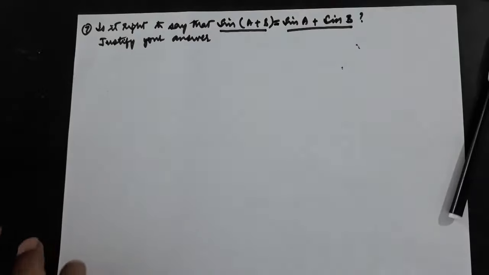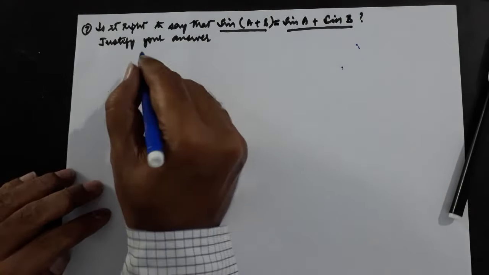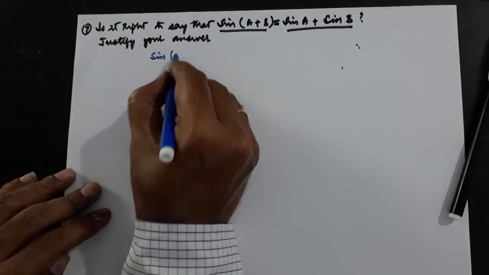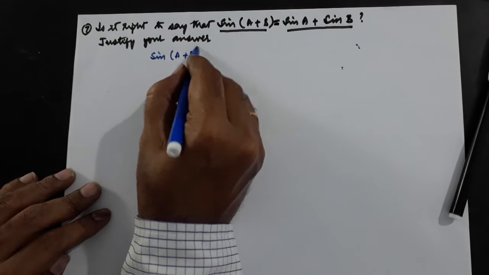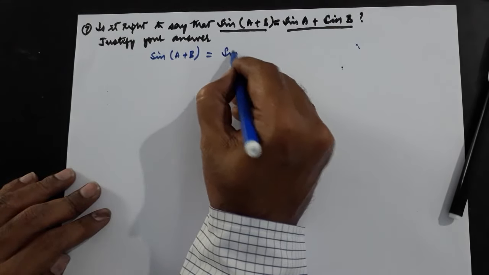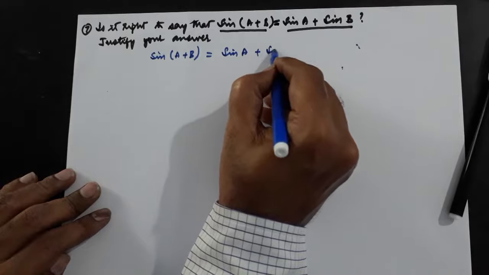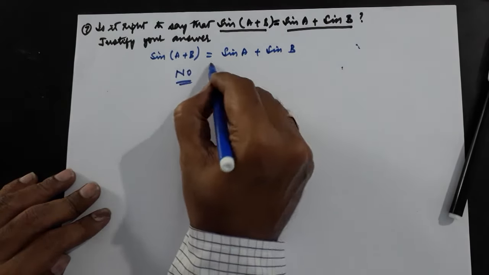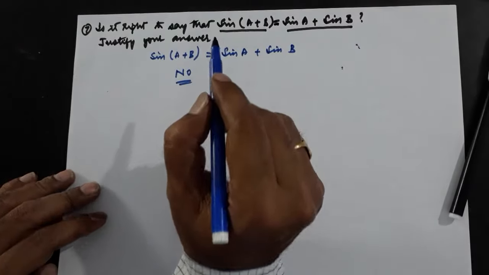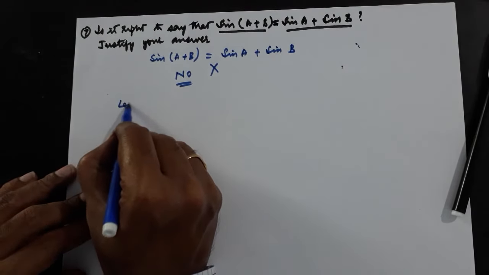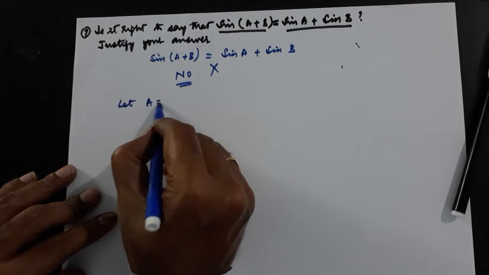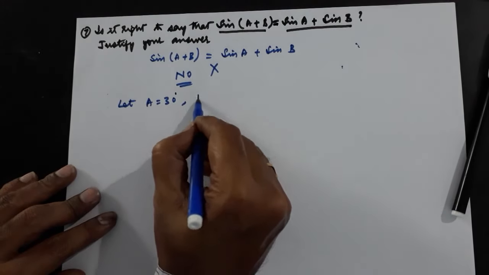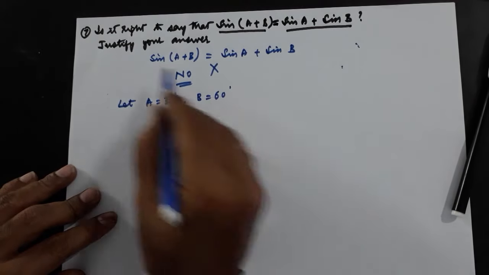So we cannot say that. This is wrong actually. So how do we prove that? We can take a equal to 30 degrees and b equal to 60 degrees and check.